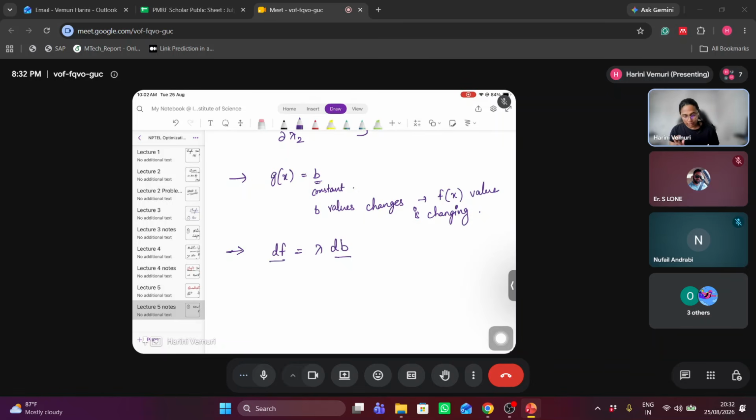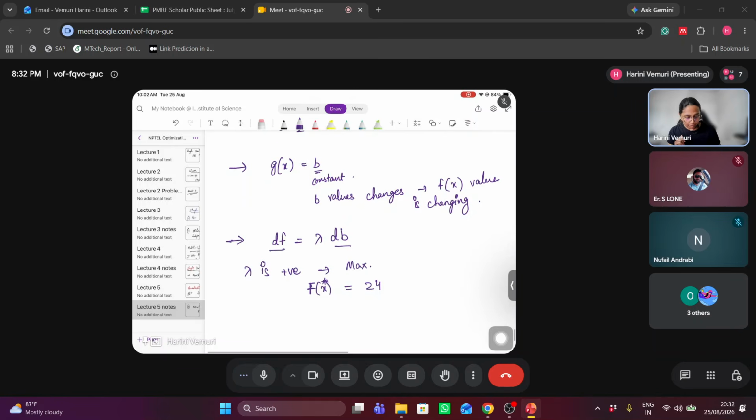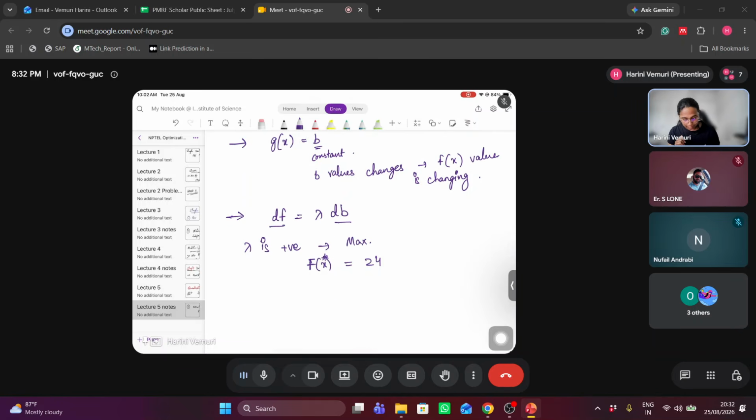So if lambda is positive, and we have a maximization type function, and suppose the maximum value of f of x is 24, then what will happen if we increase the value of b from b1 to b2?